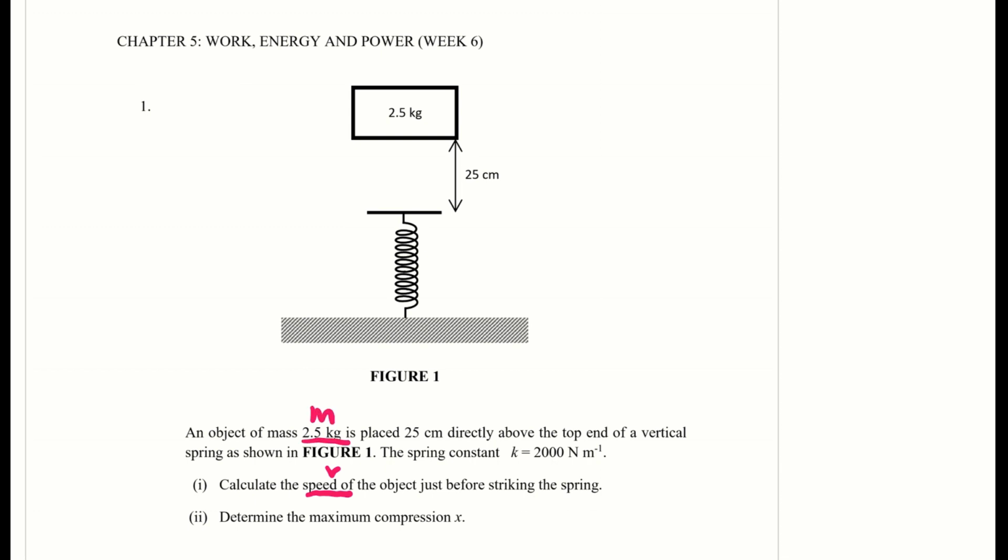It's placed 25 cm directly above the top end of the vertical spring, as shown in figure 1. So we have a height here, assuming this is the point of reference. The spring constant is K, 2000 Newton per meter. The question asks us to find the speed of the object just before striking the spring. So basically we want to find the speed at this position.